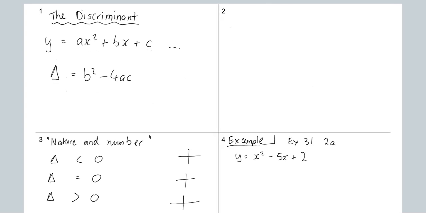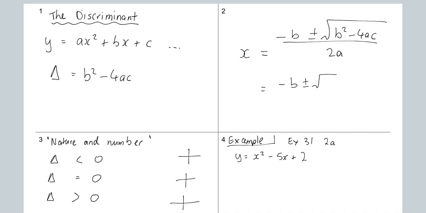Now, the b squared minus 4ac comes from the quadratic formula. So just to remind you, the quadratic formula is x is equal to negative b plus or minus the square root of b squared minus 4ac, all over 2a. I could write it, if I was being dramatic, as negative b plus or minus the square root of delta over 2a, where delta equals b squared minus 4ac.